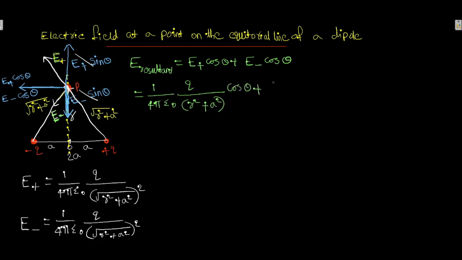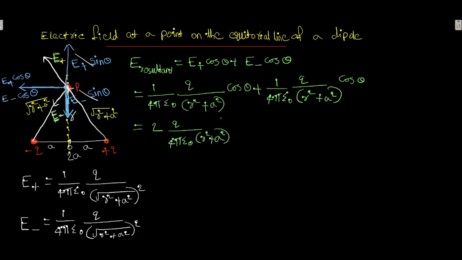Plus E negative, which is 1 by 4 pi epsilon 0 times q divided by r square plus a square, then cos theta. When we add these we get 2q divided by 4 pi epsilon 0 times r square plus a square, times cos theta.